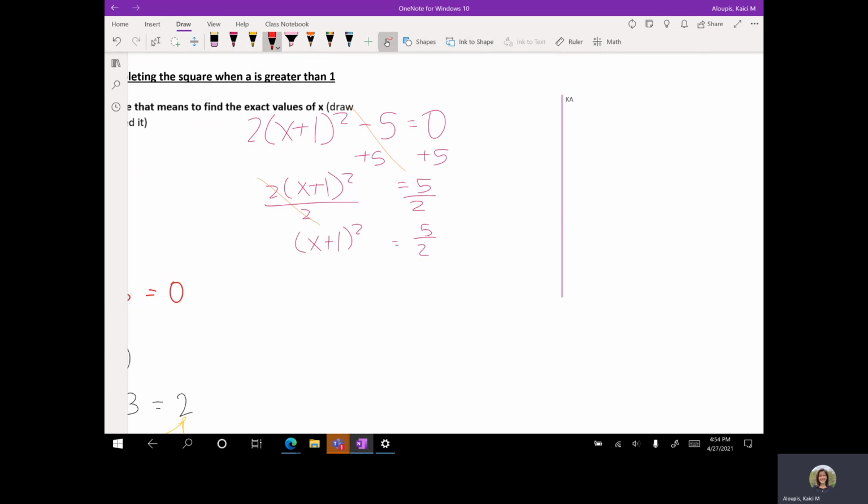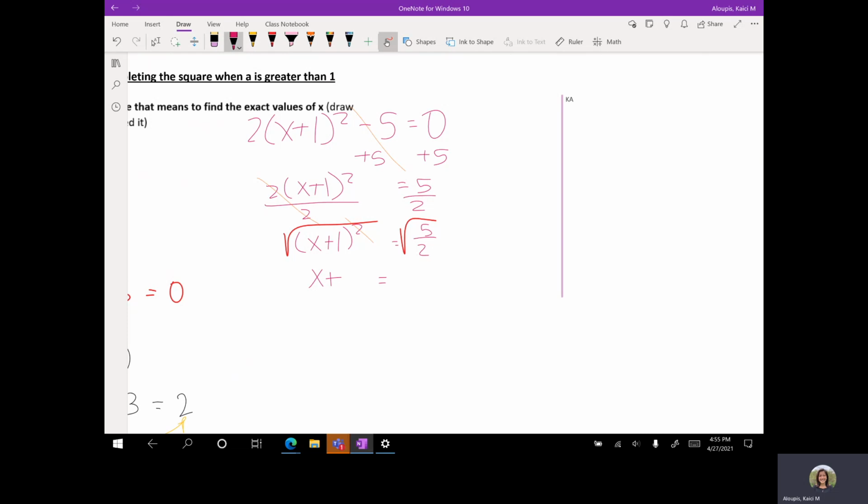To undo the squared term of x plus 1, we take the square root, and that will cancel those out. So now we have x plus 1 is equal to, the thing about the square root is if it's not a perfect square, like if it's not a perfect number that can be a whole number, we're just going to leave it in the radical sign.